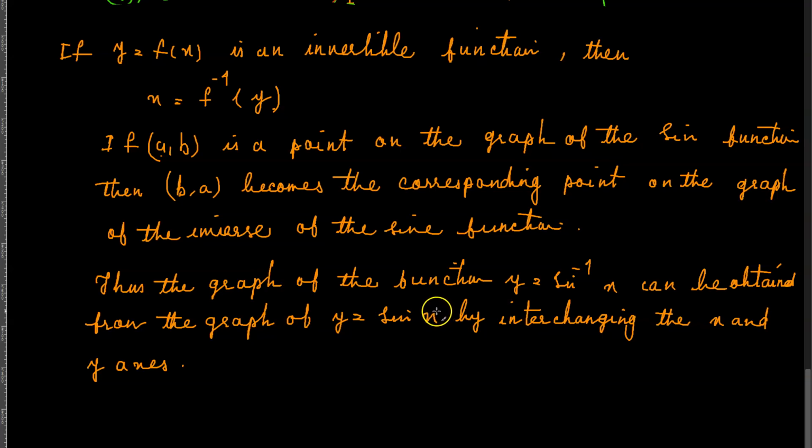So the graph of y is equal to sine x and y is equal to sine inverse x are given in these two figures. The dark portion of the graph y is equal to sine inverse x represents the principal value branch.